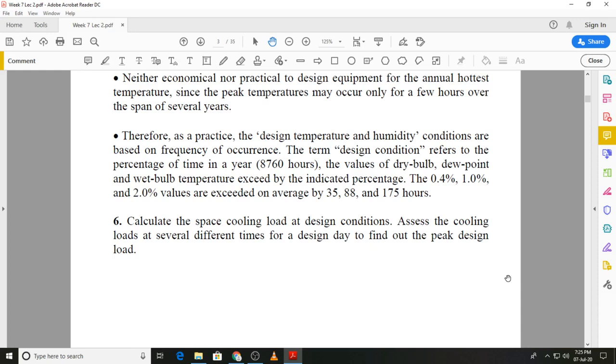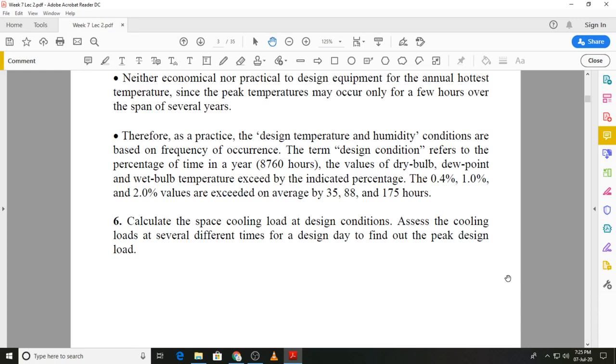But it is possible, it's not necessary that it will happen. And that is the practice. And when we look at the climatic data sheet, you will see that the outside design conditions can be decided based on these frequency of occurrence figures of 0.4, 1 and 2%.